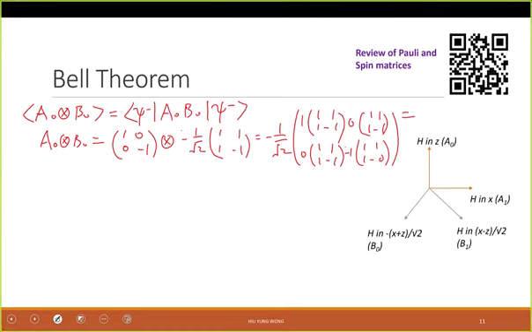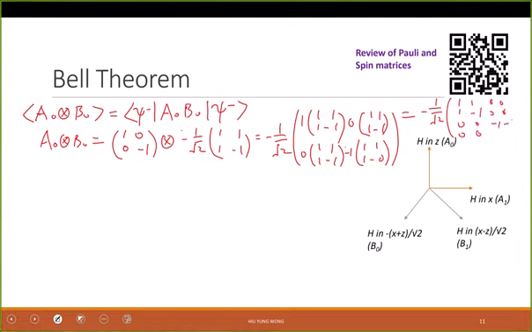I will just write it as negative 1 over square root 2, 1, 1, 1, negative 1, 0, 0, 0, 0, 0, 0, 0, negative 1, negative 1, negative 1, and then 1. Here I have a typo. This one is negative 1. Is this okay? Yeah, that's how you do the tensor product.